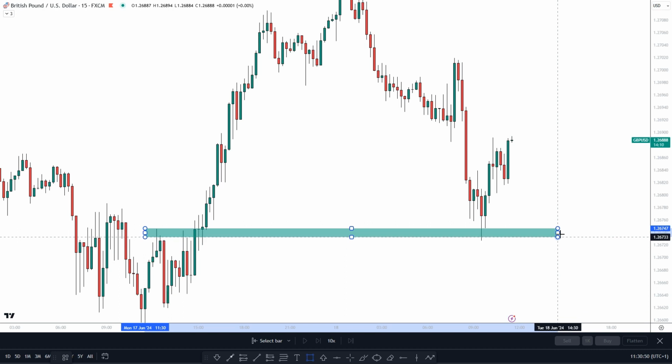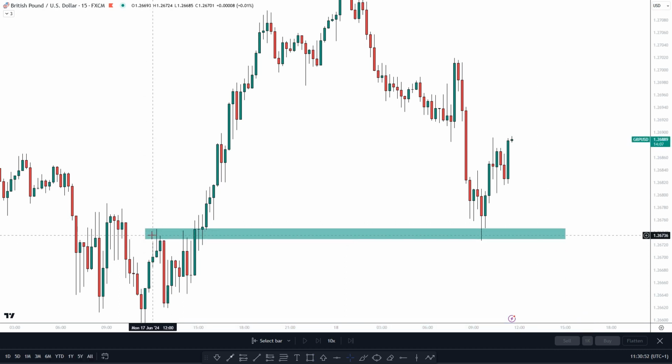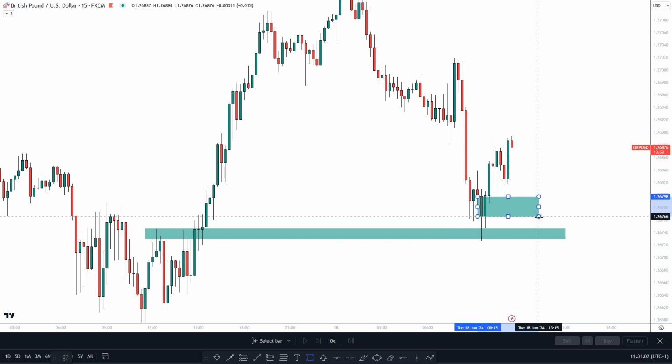If we identify an area here that was broken, price then comes back into the area, and we are assuming that we want to see price engulf the previous candle. So as you can see here, this was the candle. The previous body closed above the previous and engulfed it. Therefore, you could see that as a reason to buy.